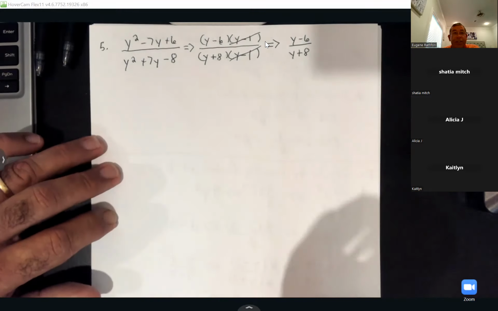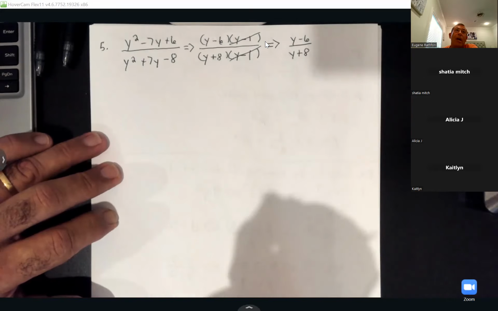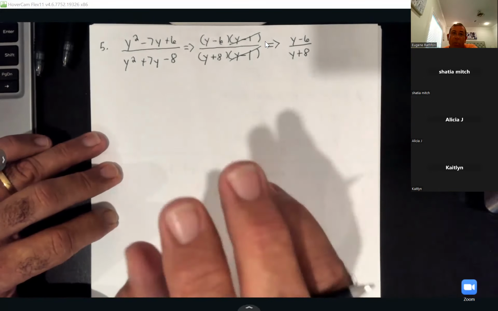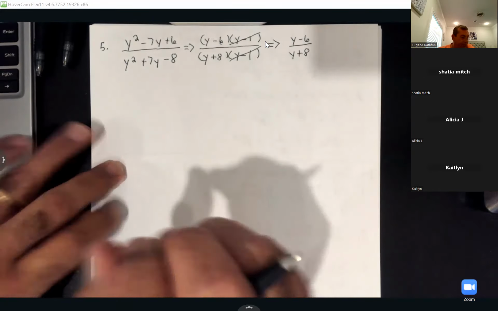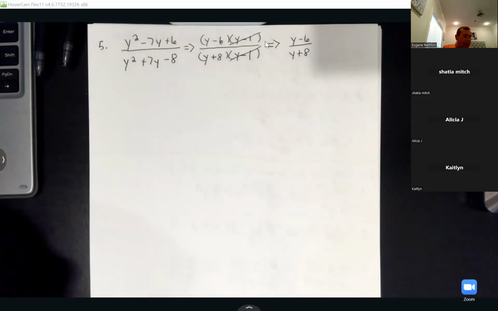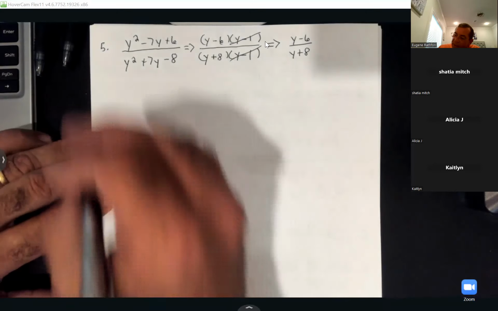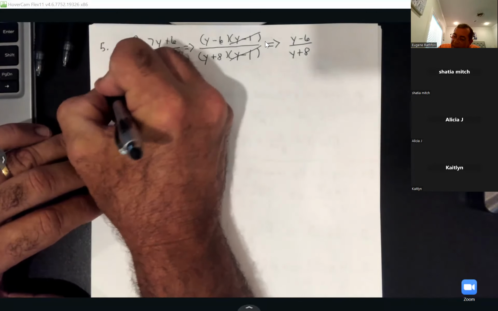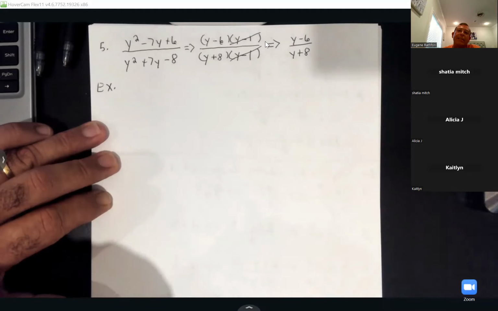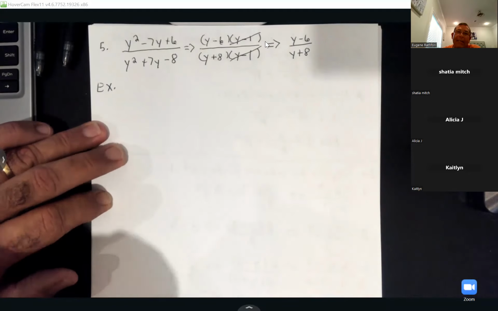So y'all, this is just really a lot more factoring work. So let's do some multiplying. So these next examples will say multiply and simplify.